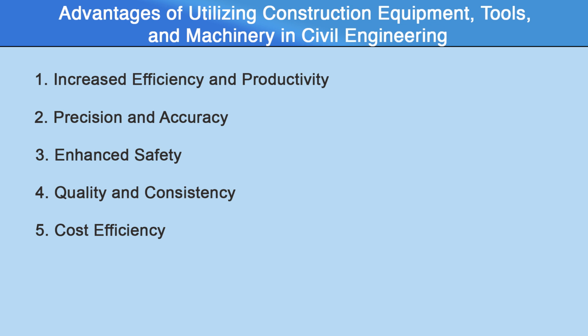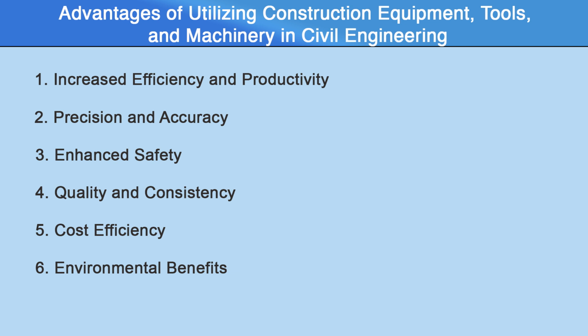Ultimately, cost effectiveness. Modern equipment with high efficiency engines and fuel management systems lowers the operational cost. Additionally, maintenance scheduling software helps in timely servicing, reducing downtime, and extending the lifespan of machinery.